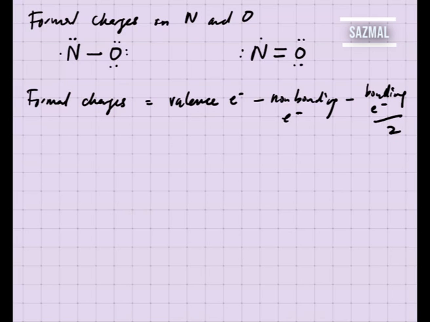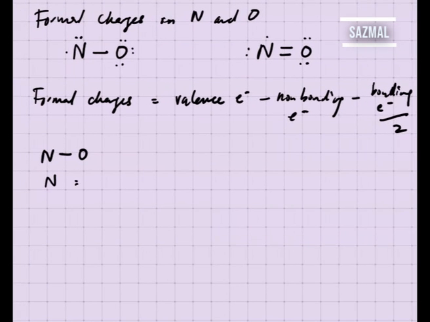Right, first of all, for N with the single bond, the formal charge for nitrogen is its valence electrons, which is 5, minus 3, the non-bonding electrons here, and minus 2 bonding electrons, based on the single bond, over 2.